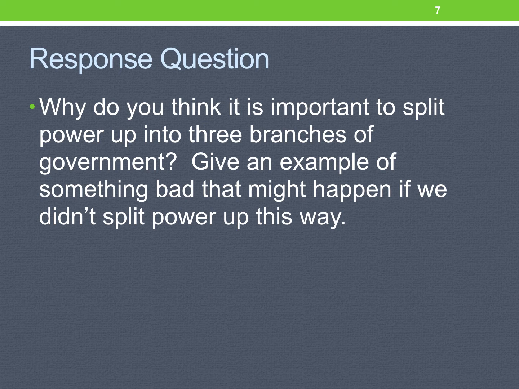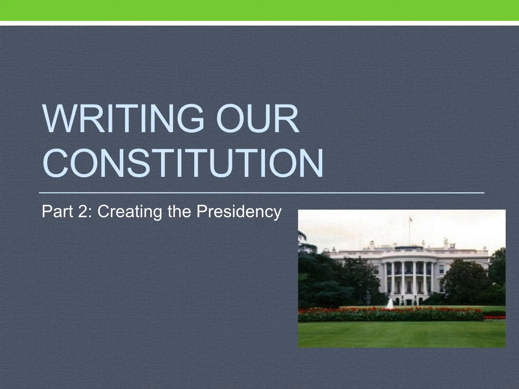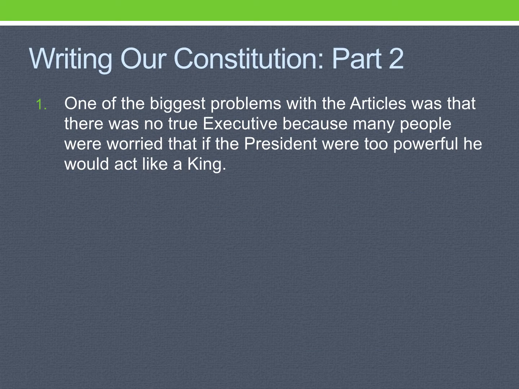We're going to move on to part 2, creating the presidency. And there's another important issue that they need to settle here. One of the biggest problems with the Articles of Confederation was that there was no executive branch.